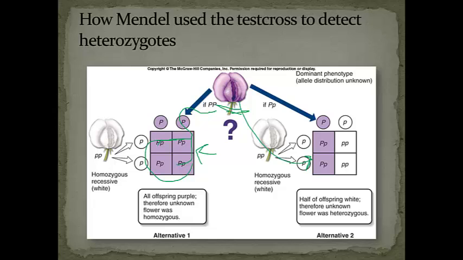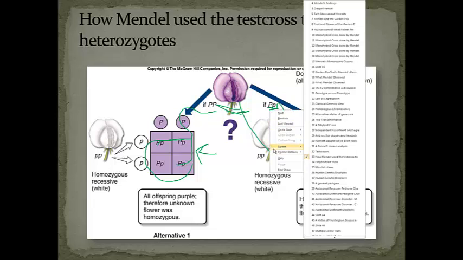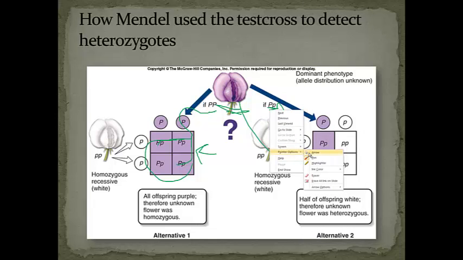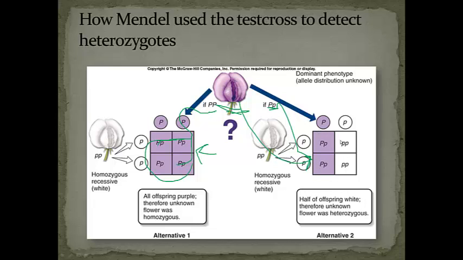If our mystery individual is heterozygous, then half of our offspring are going to be purple and half are going to be white.